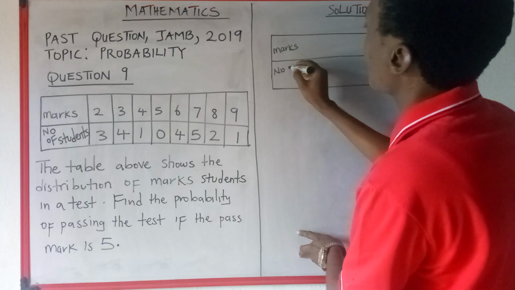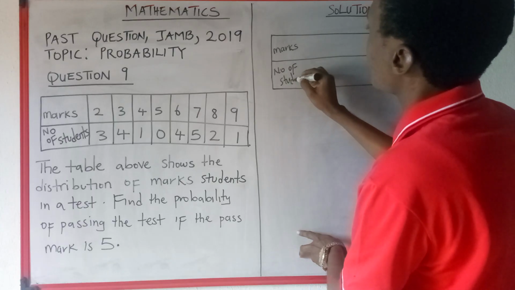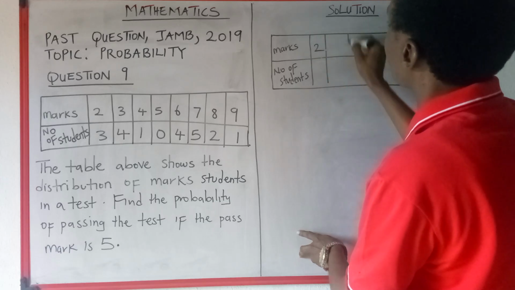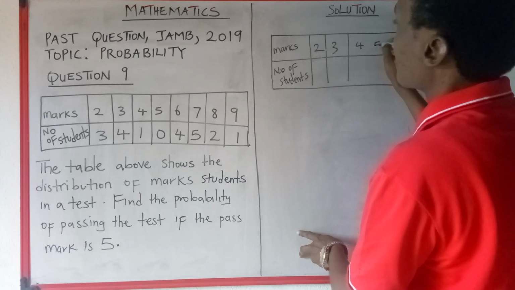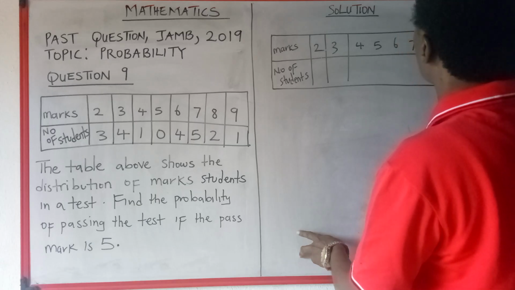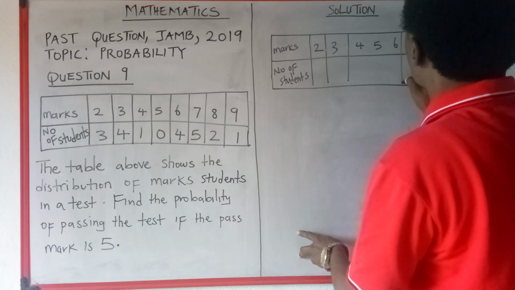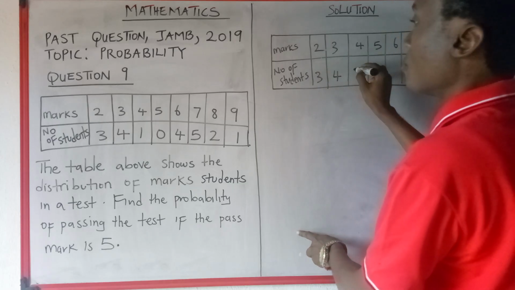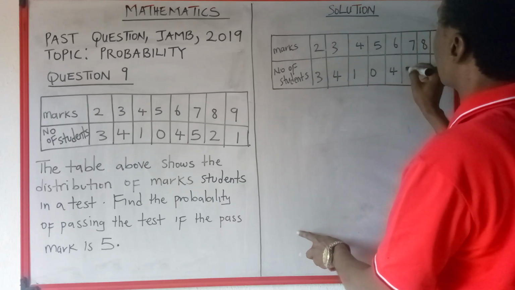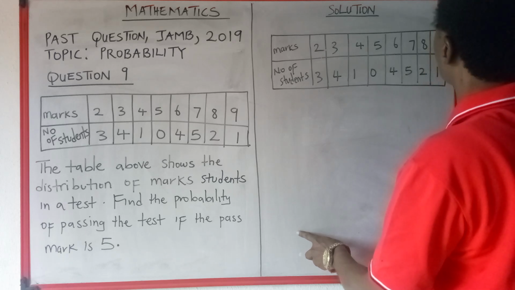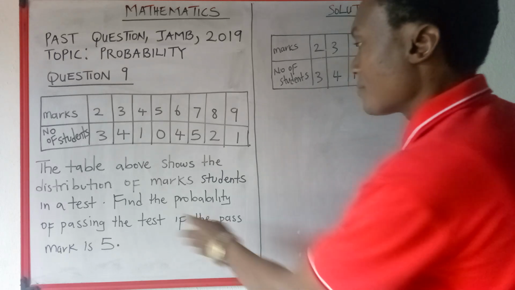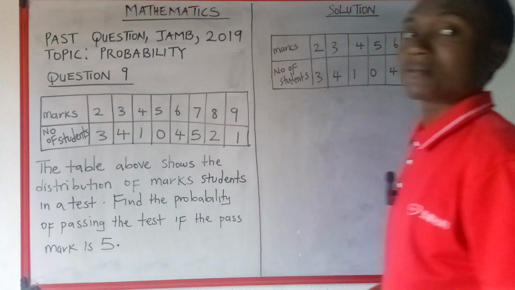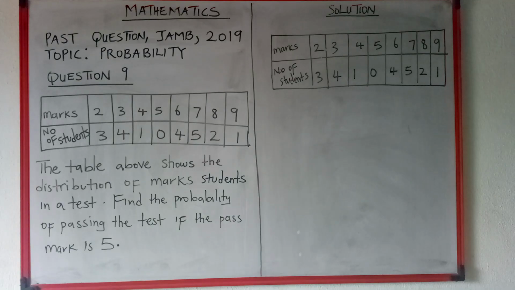Marks, number of students. 3, 4, 1, 0, 4, 5, 2, 1. Okay, now find the probability of passing the test if the pass mark is 5.